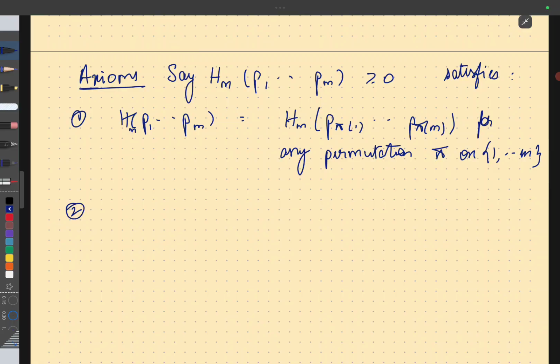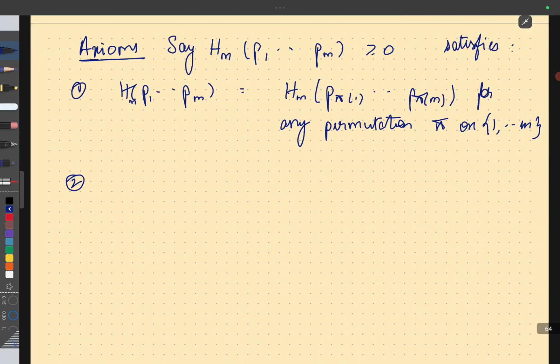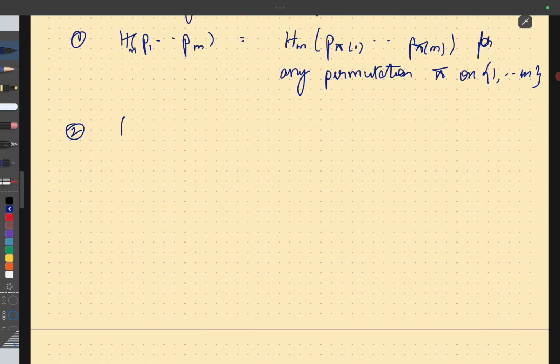The second property is what is called expansibility or expansion. So let's say that one of the probabilities is equal to 0. One of the probability values is equal to 0.